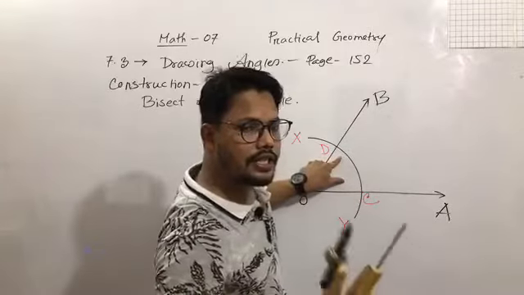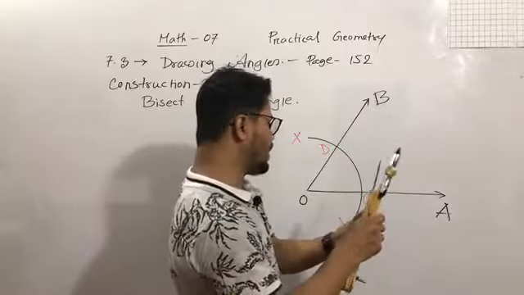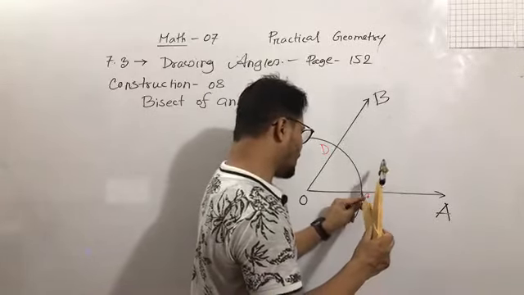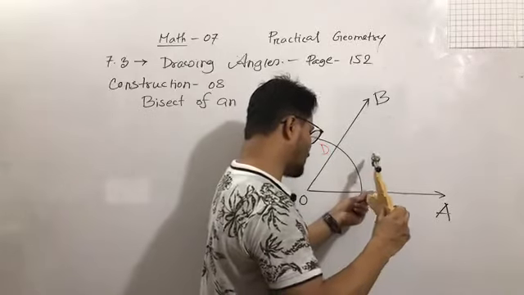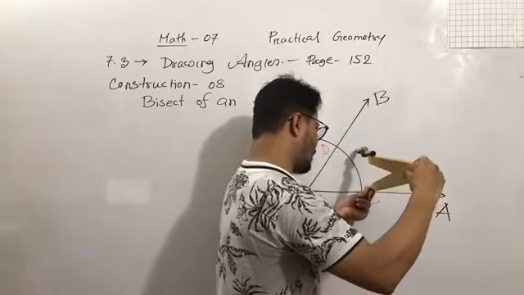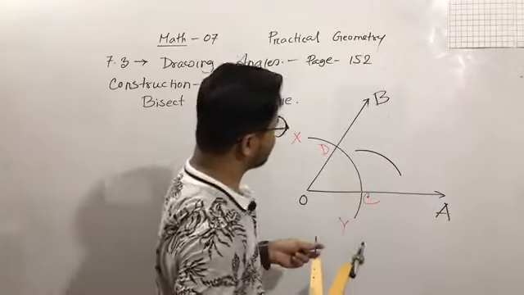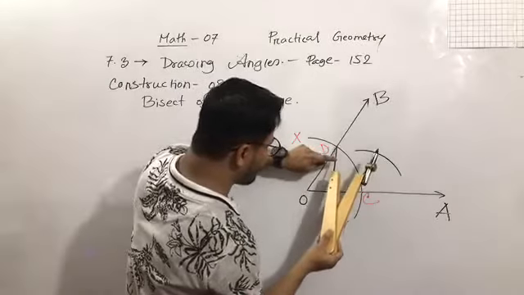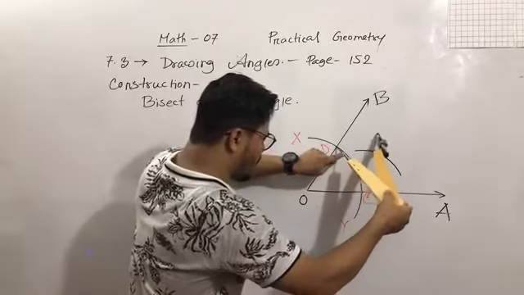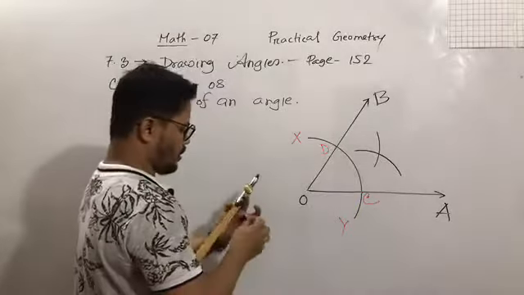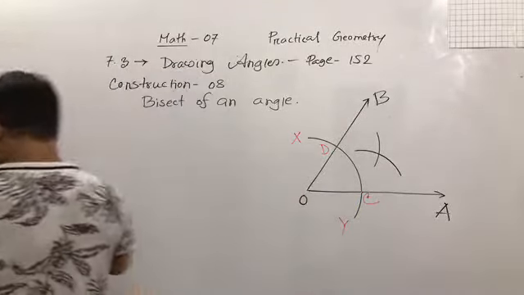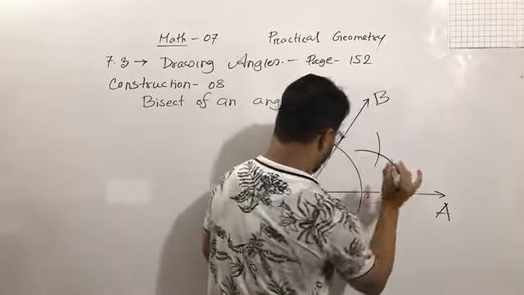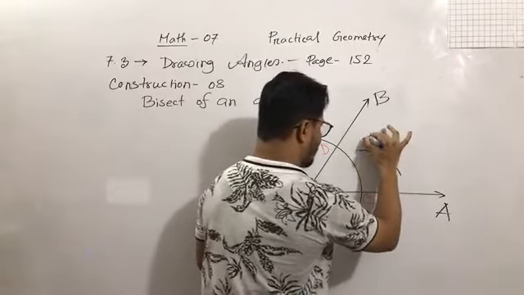Placing the pointer at C, taking radius greater than half of CD, draw an arc inside the angle, and taking the same radius, placing the pointer at D, draw another arc on the previous arc. These two arcs intersect each other at the point E.